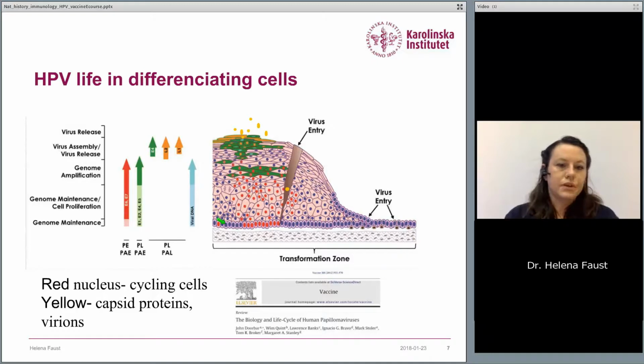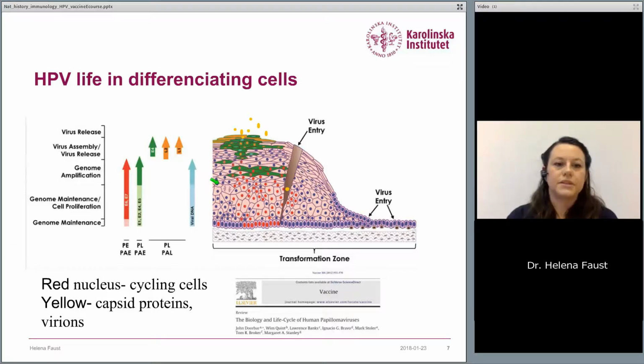At first, in the lower epithelium, HPV is very silent. The replication is just to maintain the genome, but further up, the cell develops more, and replication starts more intensely, along with expression of the HPV proteins that are needed.